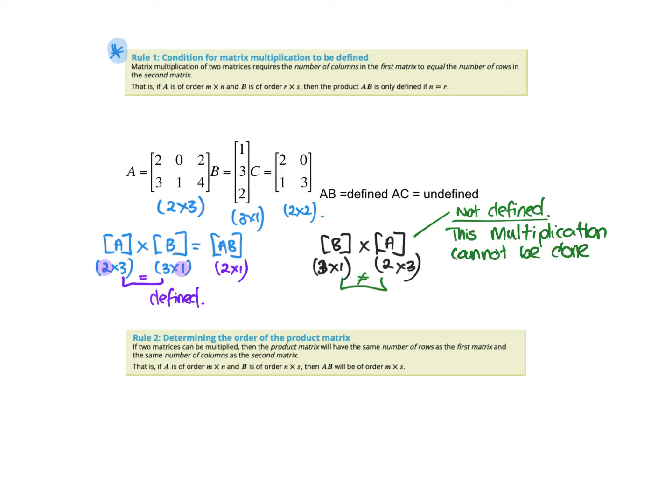And we're going to say the same statement, but just say no. Because the columns in B do not equal the number of rows in A.